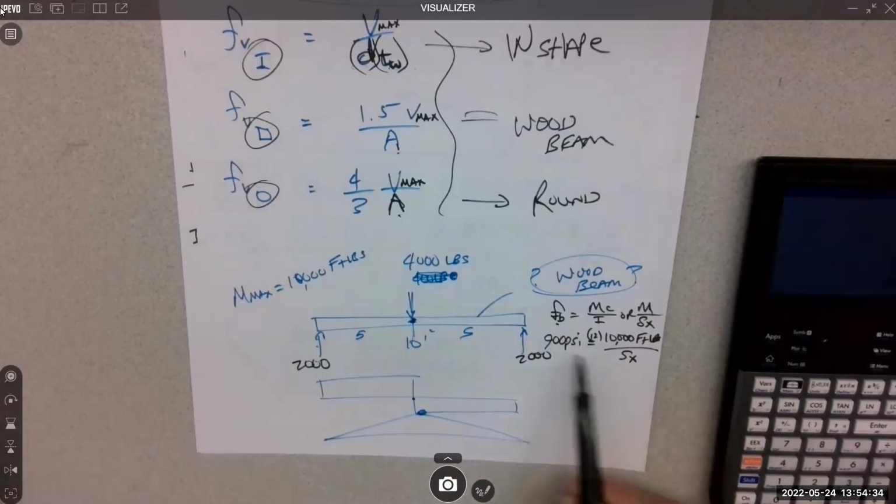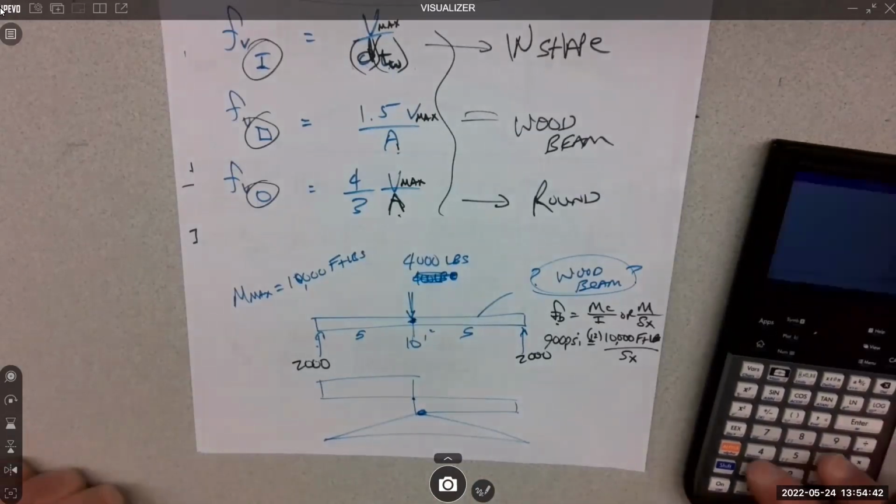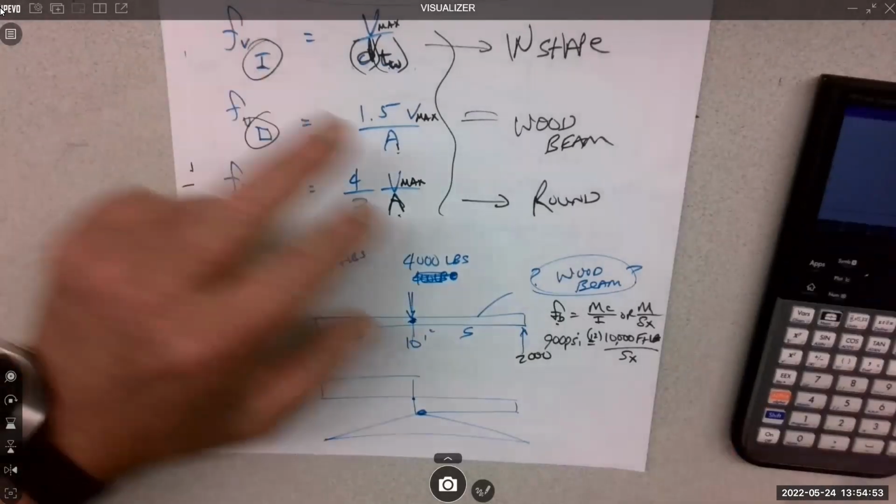So a little algebra, this moves over, the 900 moves down. So it's 12, 10,000, and 900. I get 133.33.